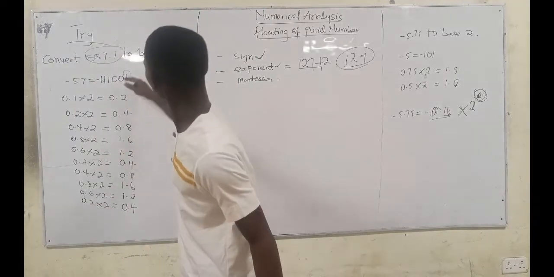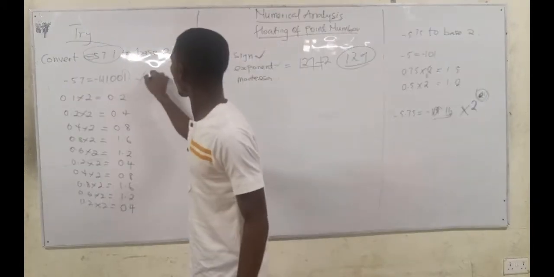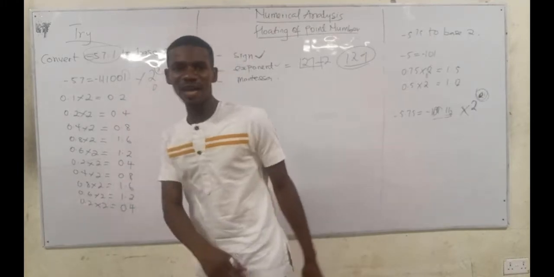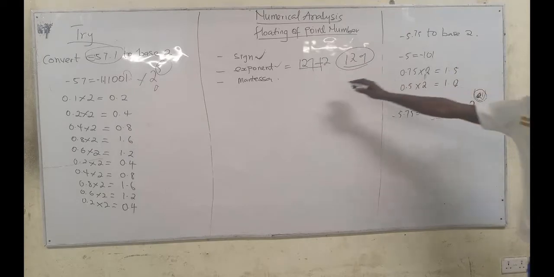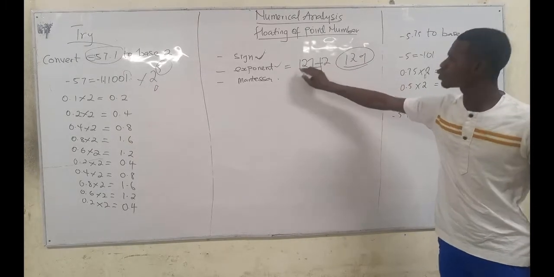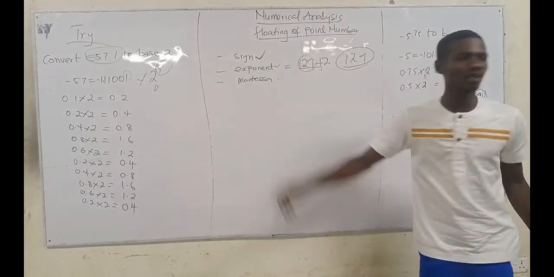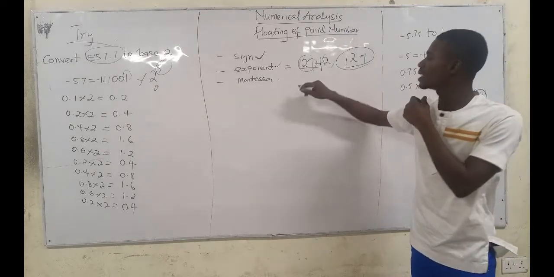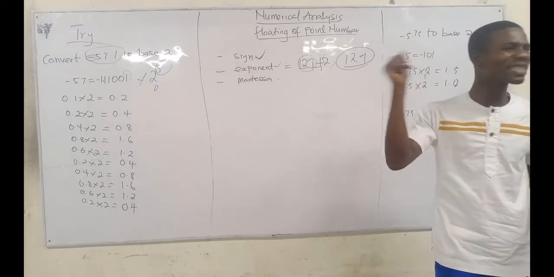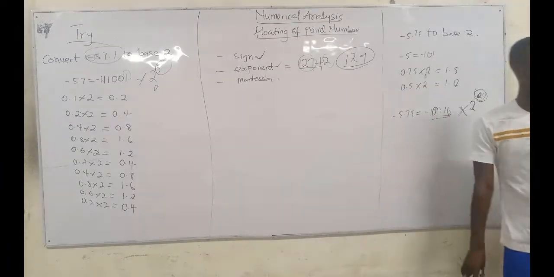Assuming that here we moved 5 times, it will be 2 to the power 5. This 5 is the power that we are looking for, and it will help us find the exponent. So you add the 5 to 127. This 127 is a constant everywhere. So you add the power to this. Whatever you get, you then convert that number to base 2.